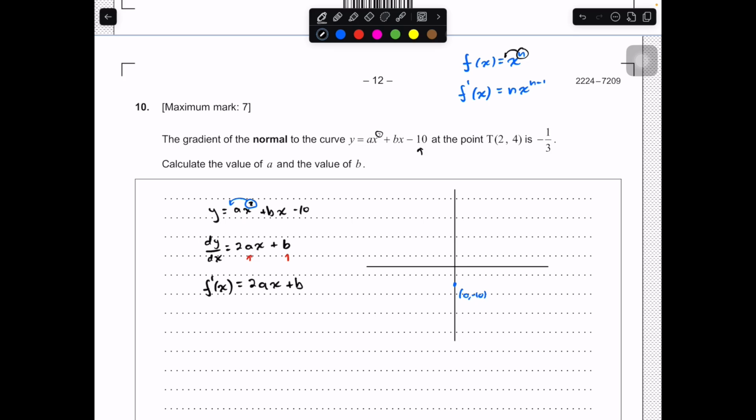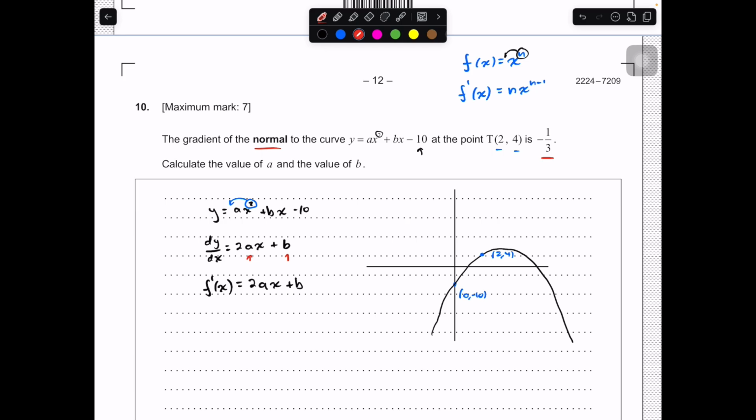And we've got this point (2, 4) right here. So let's put this point (2, 4). We have this point (2, 4), and they tell us that the gradient, the slope of the normal to the curve, is -1/3.